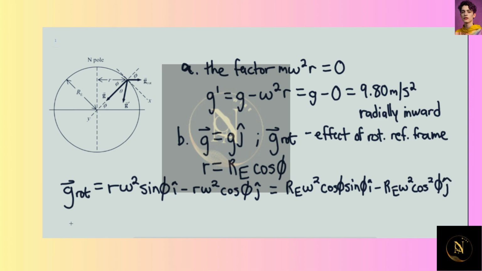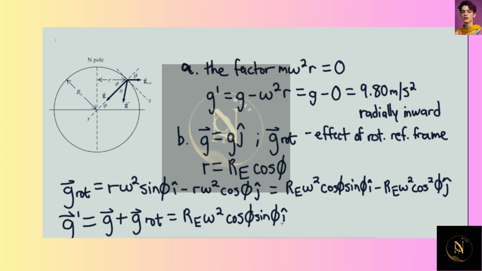And so we can then say that the true gravity, g prime, would equal g plus g sub ROT, and this would equal the radius of the Earth, omega squared, cosine of phi sine of phi i hat, which would be the only component in the x direction, plus g minus r sub e omega squared cosine squared of phi j hat.